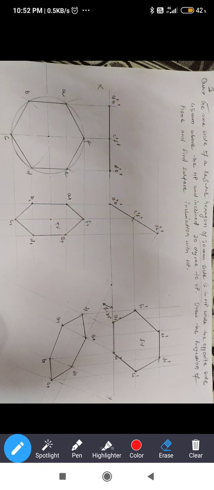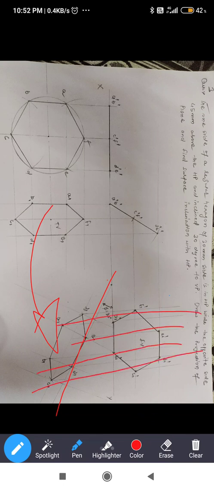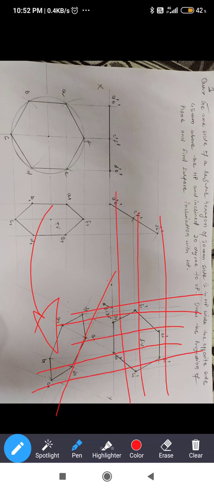Then move these points, transfer this figure to here with all the projection lines, and incline the side, because the given side is inclined 60 degrees. Then move the projection lines, the same thing above, and create this figure that you are seeing in the background.